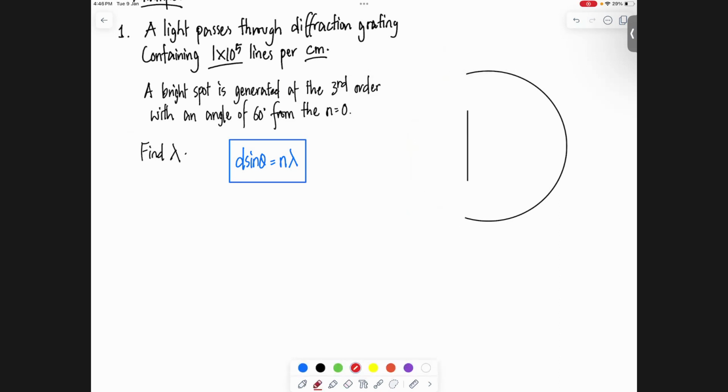Light passes through like that, and first order, second order, third order. The third order forms at an angle of 60 degrees from the center. That's 60 degrees there, and that's the third order. Find the wavelength.